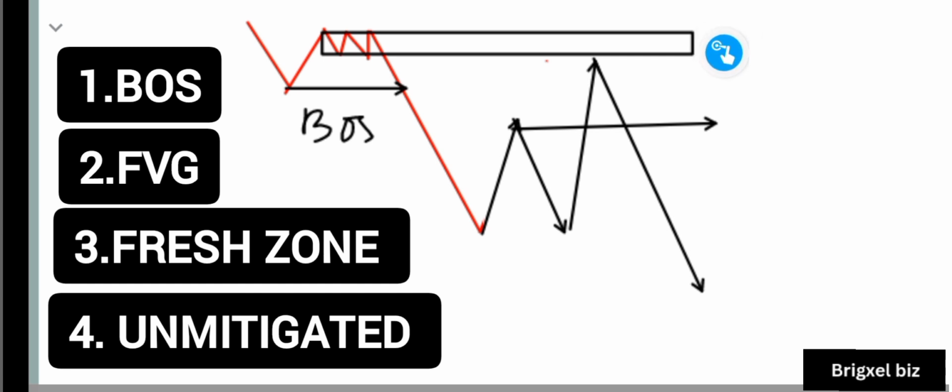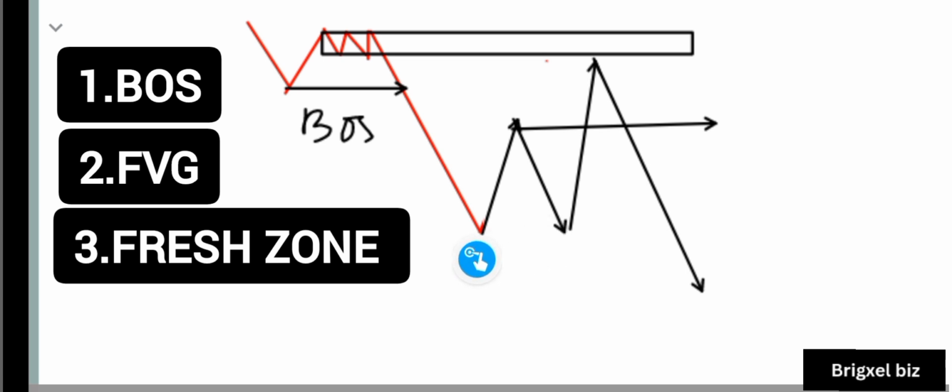So my perfect setup would be something that looks like this. Price moves away, creates a fair value gap here, pulls back into that zone, and sometimes when price pulls back, you might respect that fair value gap and just push away from the fair value gap without even coming back to the zone. It happens sometimes, right?